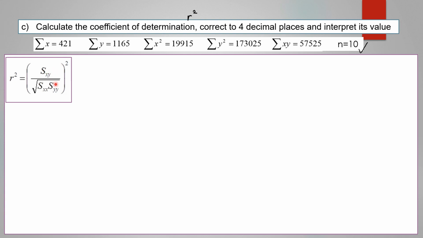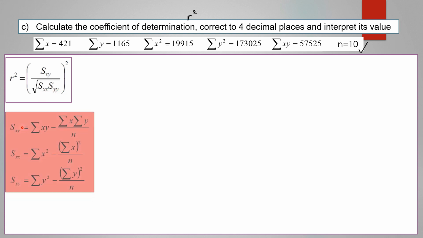Okay, and then let's recall how to find the values of sxy, sxx and syy. So these are the formulas.